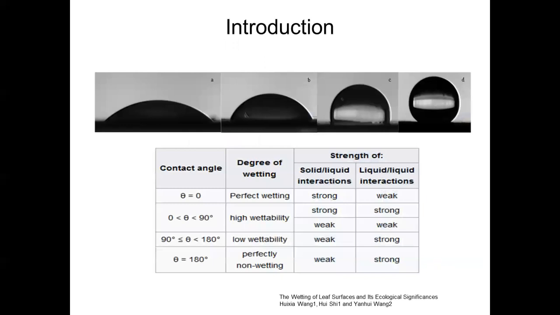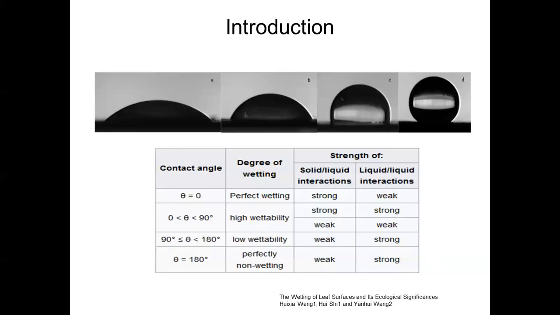So here are the angles. We can see the picture on the top. We can see a side view photograph of the water interfacing with the different surfaces, and we're describing the angle that they make. And then we can define the strength of the solid-liquid interactions and the liquid-liquid interactions. So for the contact angle theta equals 0 in A, we would have perfect wetting.